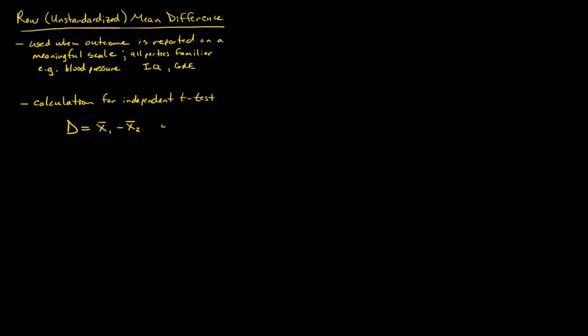Our nomenclature here is that the uppercase D we use for the raw mean difference. And if we switch to a lowercase d, which we will in subsequent videos, we use that for the standardized mean difference.